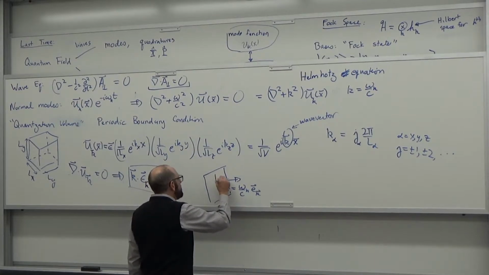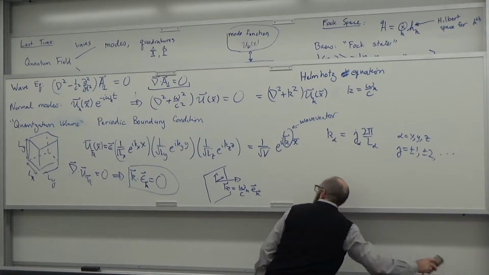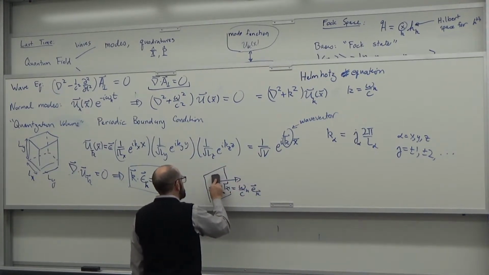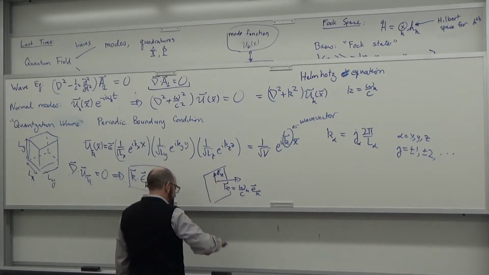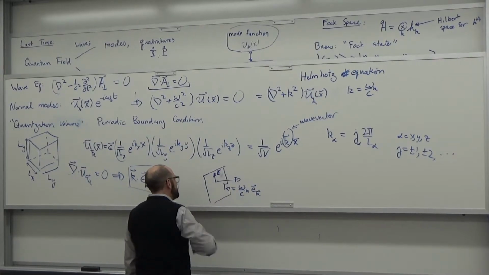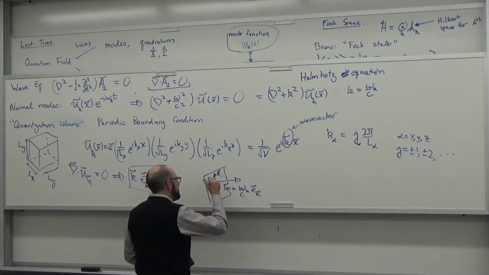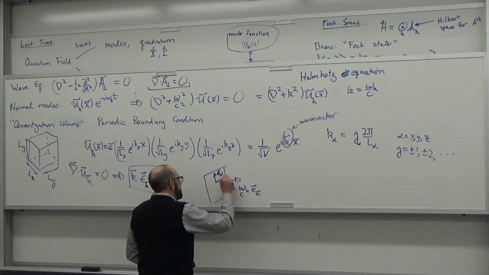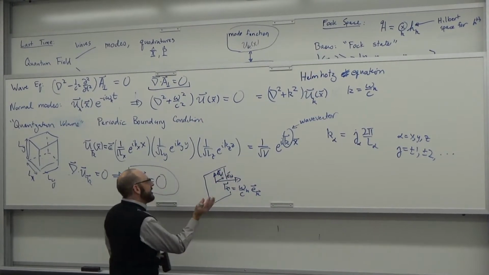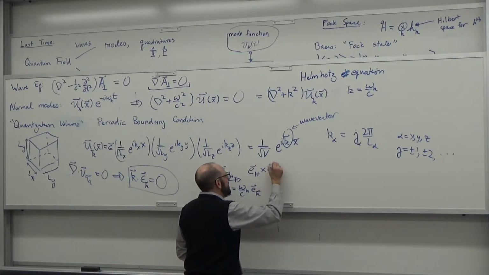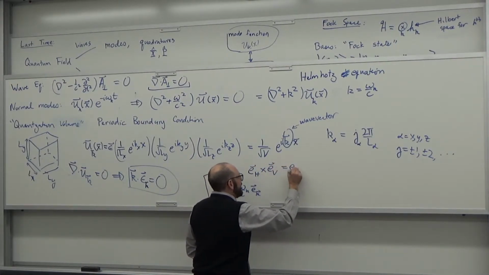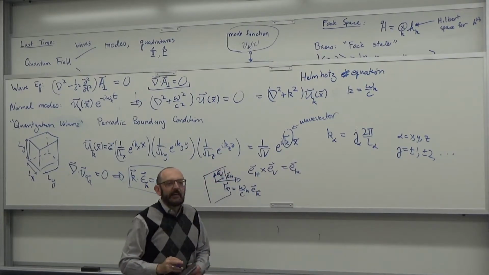And then I have 2 different polarization vectors. For example, I can have linear polarization, say, vertical polarization, and horizontal polarization, where e_H cross e_V is e_k. Of course, these depend on k, right?